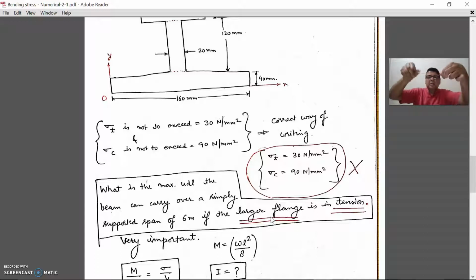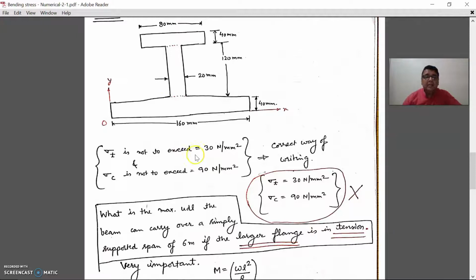So in this, the lower portion of the beam will expand. There will be tensile force in it. That's what the theory of simple bending says. That means the larger flange will experience tension. That means the side view of the beam will be like this only.